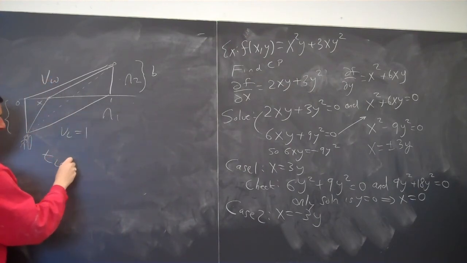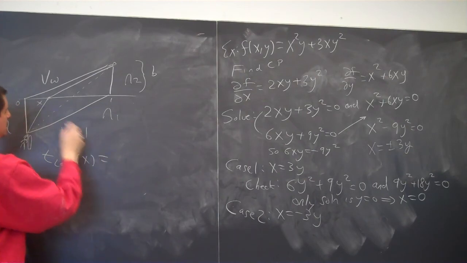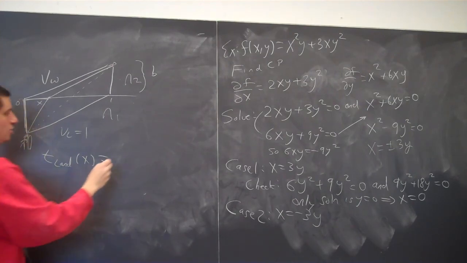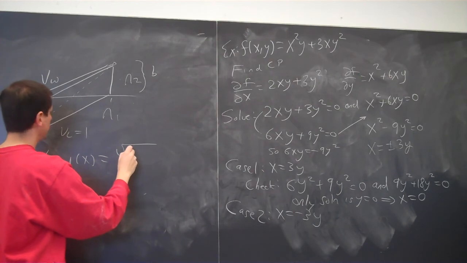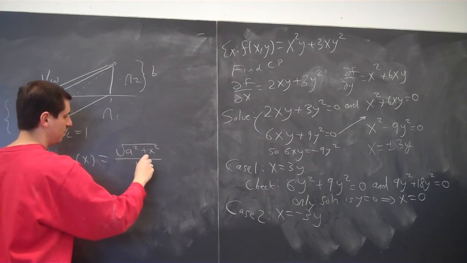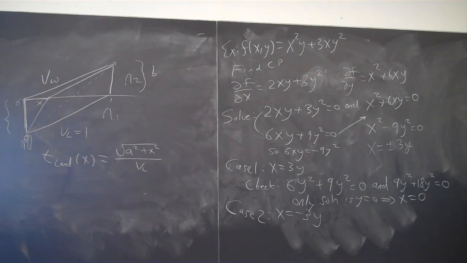Time on land, as a function of x, is the distance on land. Well look, what kind of triangle is this? It's a right triangle. So the hypotenuse is the square root of a squared plus x squared, and then I divide by v land, and that's my time on land. And this was what was suggested a moment ago.